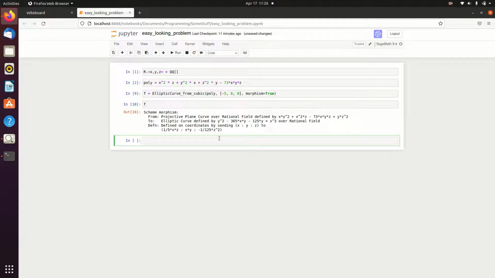Okay, so now we have this elliptic curve and we want to use it. Now that we have a morphism from this curve to the curve here in Weierstrass form, we define our elliptic curve here.